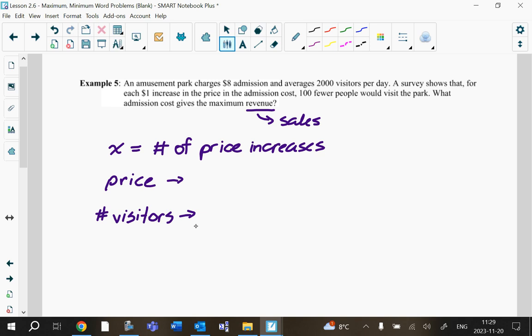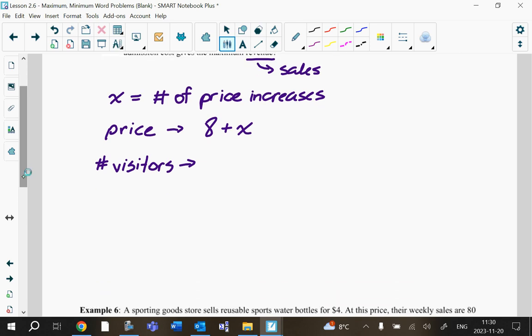So I'm taking $8 and I'm adding a certain number of increases. That's an expression for the price. If x turns out to be 2, that means our price is going to be $10. If x turns out to be 5, that means our price is going to be $13. So I'm adding x.